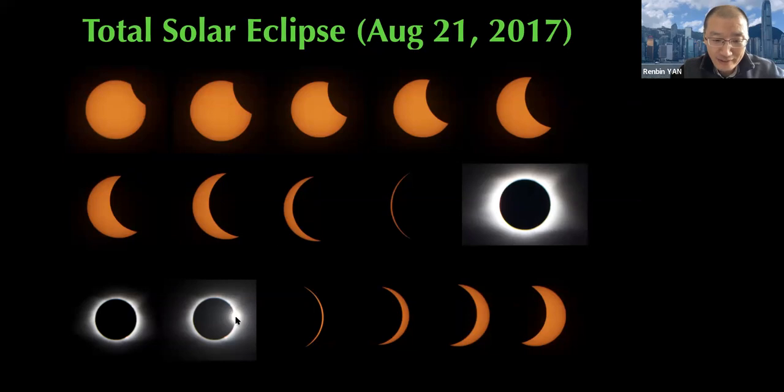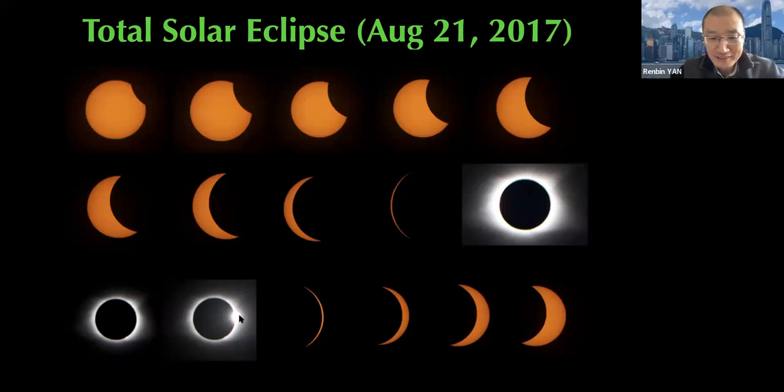And this is the time when we are going out of the shadow, when the sun starts appearing on the other side of the moon. You see a really bright spot compared to the other part. This is a tiny portion of the sun just appearing on the side of the moon, and you call this a diamond ring because it looks like a ring with a diamond on it.